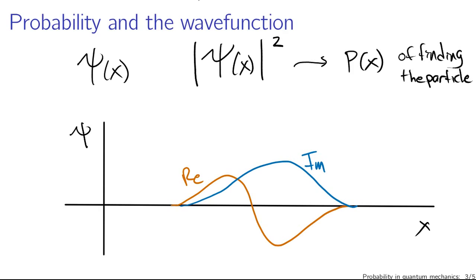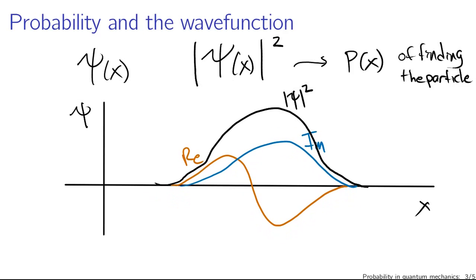And the squared magnitude would look something like, well, what you can imagine the squared magnitude of that function looking like. And you can think of the squared magnitude of psi as the probability distribution. The squared magnitude of psi then can be thought of as a probability distribution in the likelihood of finding the particle at a particular location, like I said.